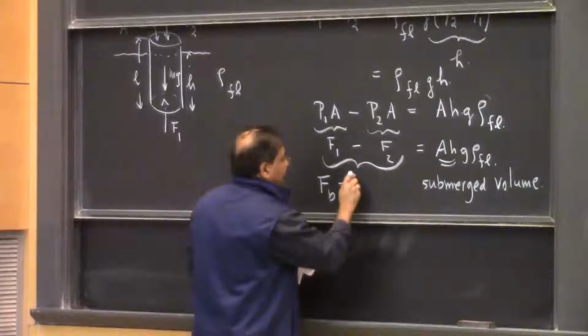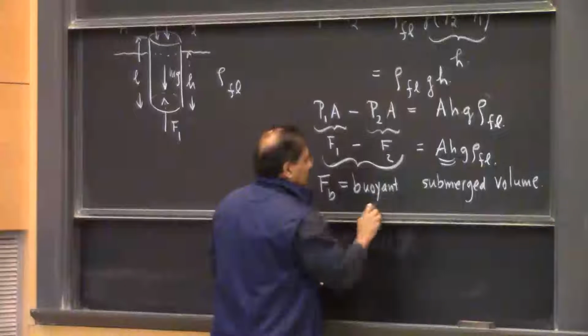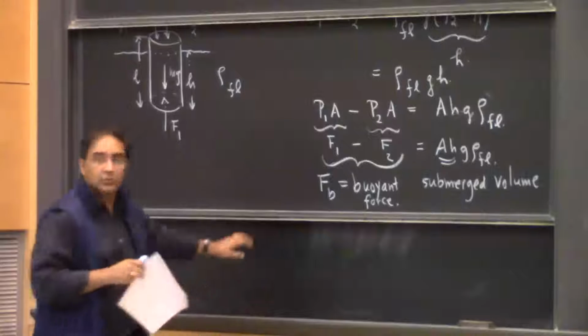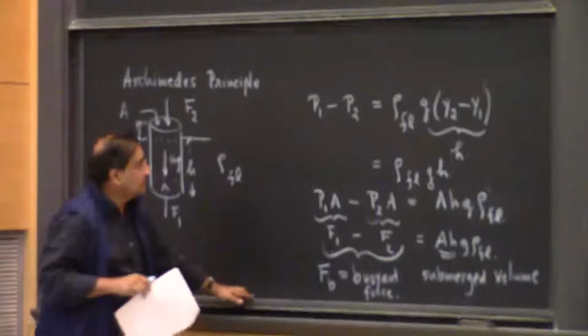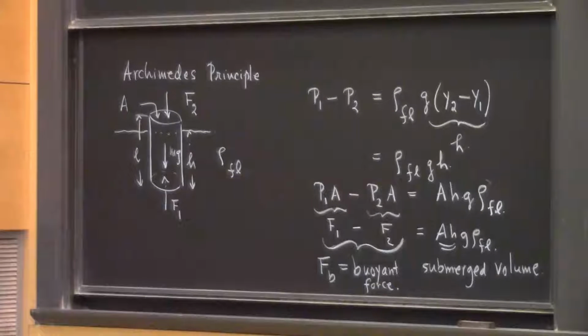And this is the buoyant force. Archimedes Principle problems are not super simple. I'm going to give you a few problems. That will be the next homework set, along with mixed in with some stuff I hope to do today.